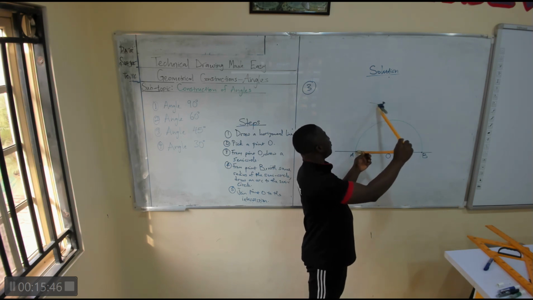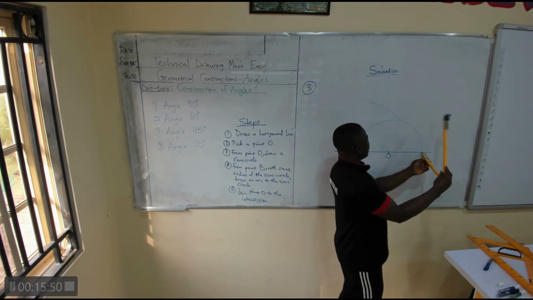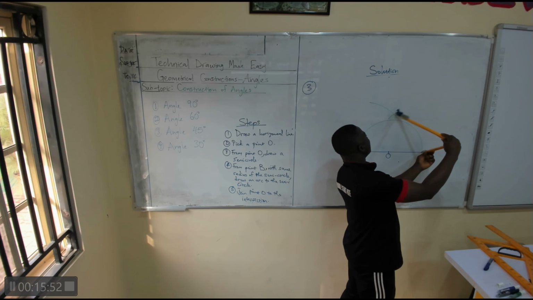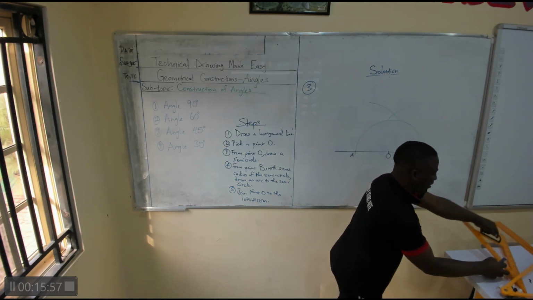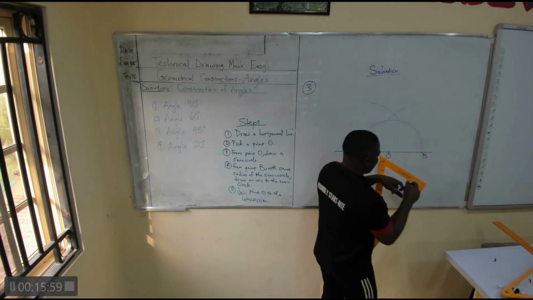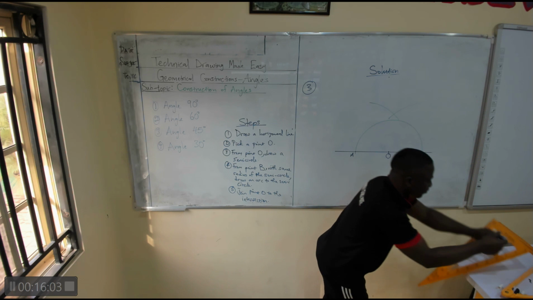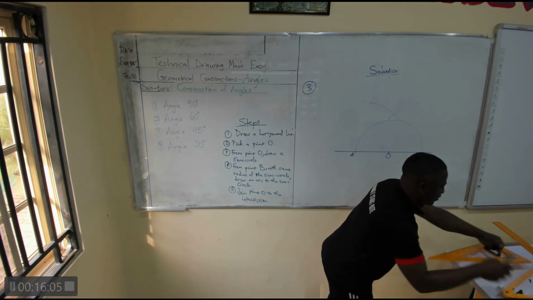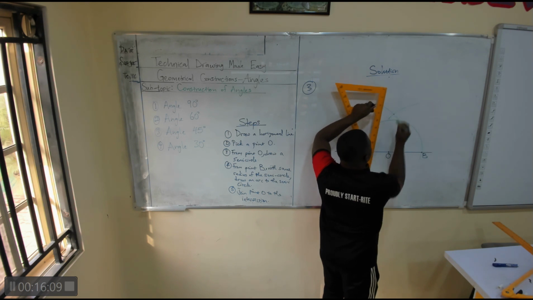You cut an arc above, you place it at B, you cut another arc. Can you see that now? So that is bisection. So I'm going to join the intersection of the arcs here.